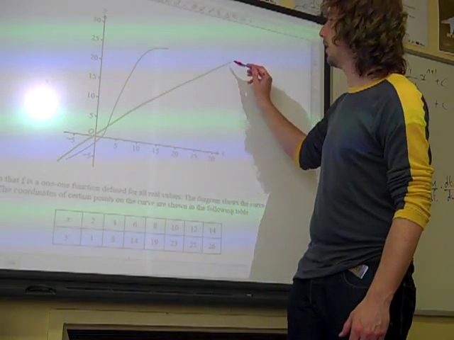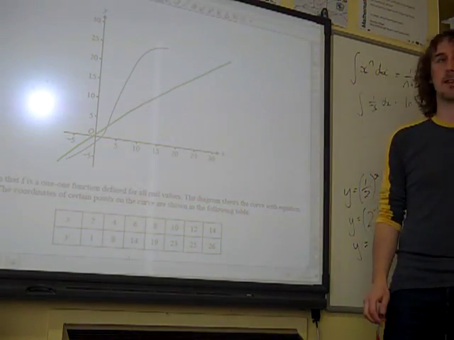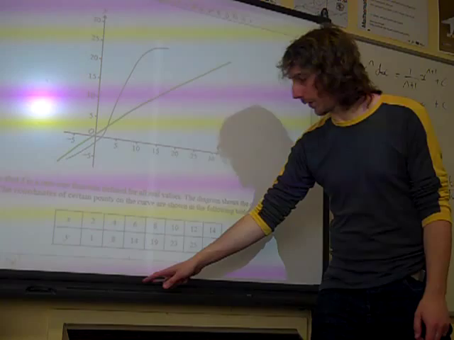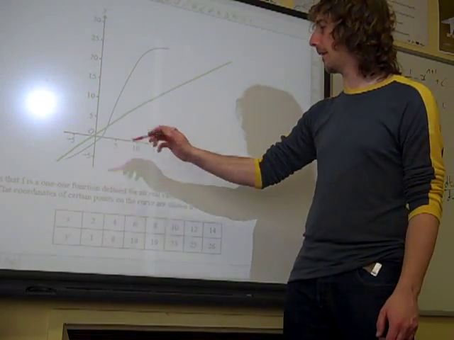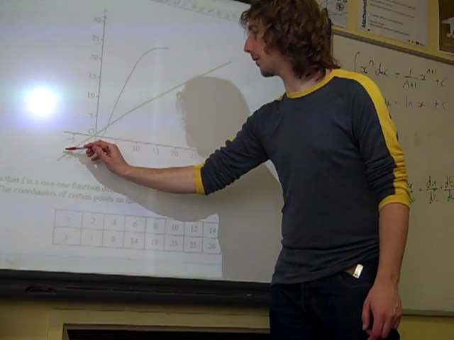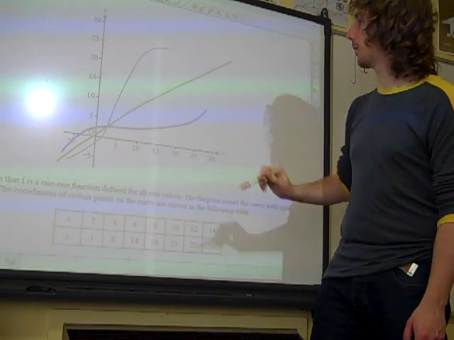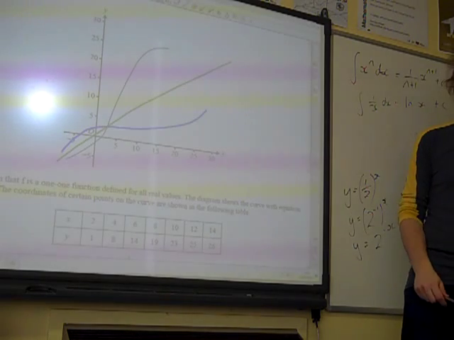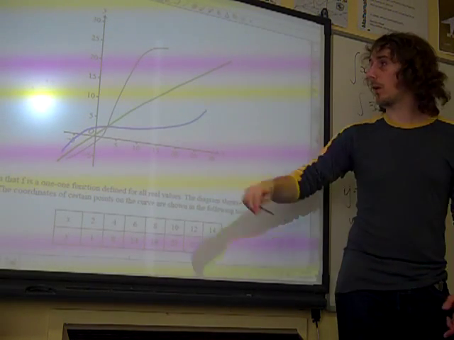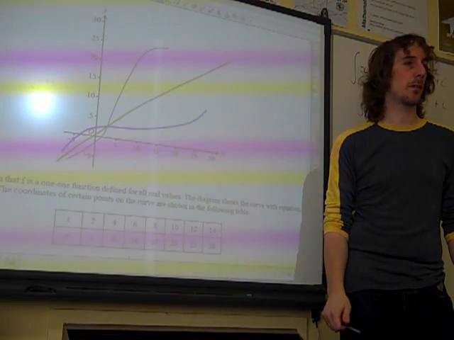Then we draw the graph onto it, reflecting it in that line, something like that. That's good enough. And there you've got the graph, its reflection in y equals x.